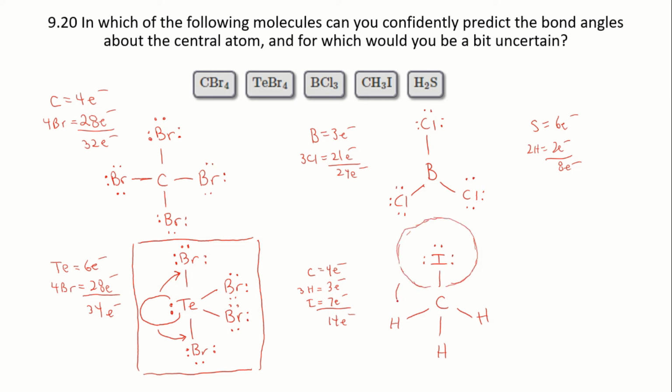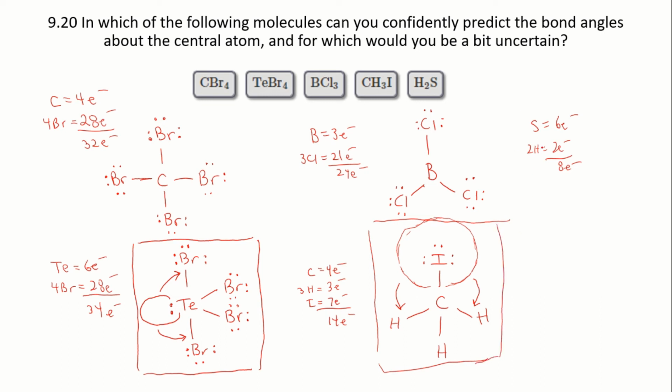And so as a result, just to accommodate the space of that iodine, we would push these hydrogens closer together. So instead of being the 109.5 that we'd expect in a tetrahedral arrangement, they're going to probably be closer to 107 degrees or so. So we would expect this one to also deviate from ideal bond angles.